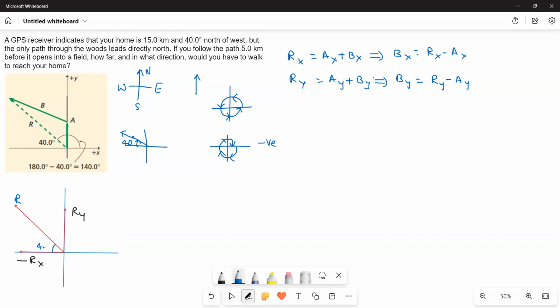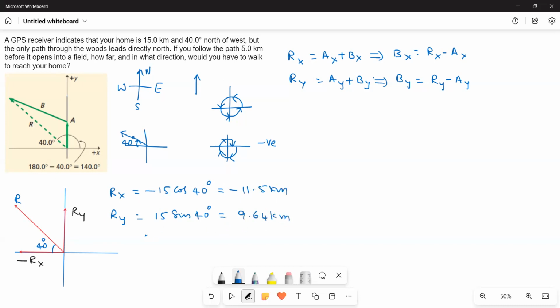This is 40 degrees. Now, Rx is equal to, this is the adjacent side, so Rx is equal to negative 15 cos 40 degrees, and Ry is equal to 15 sine 40 degrees. So what is the answer? This is negative 11.5 kilometers, and this is 9.64 kilometers.